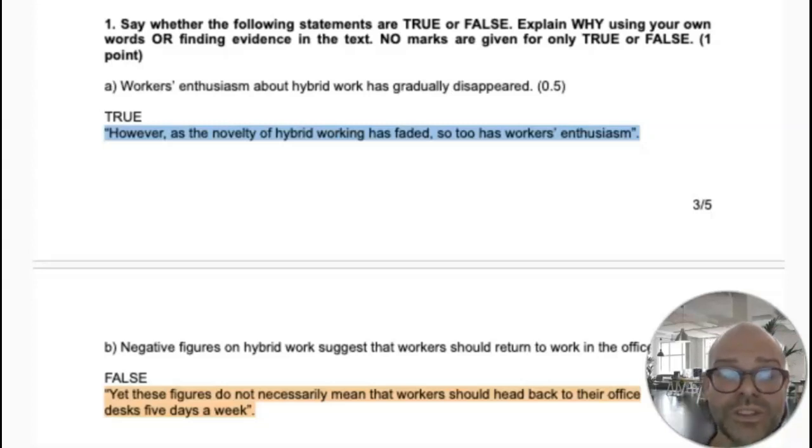And it's really important that you use inverted commas if you copy from the text. My advice is that you copy the evidence from the text, because otherwise, if you write it in your own words, you might make mistakes, and you don't want to do that. So I think the best thing that you can do is write true or false and then copy the evidence from the text.